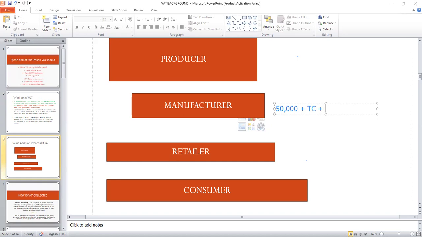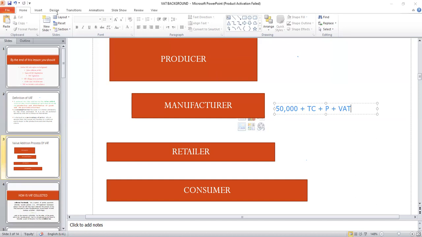You have to make some profit. You will also include the VAT component. So by the time the retailer is getting the goods from the manufacturer, the manufacturer will have added the transaction cost, the profit, and the VAT component.